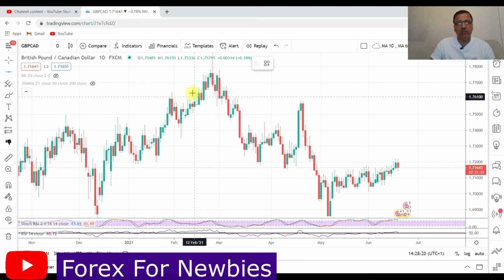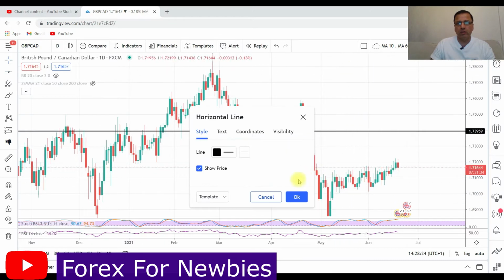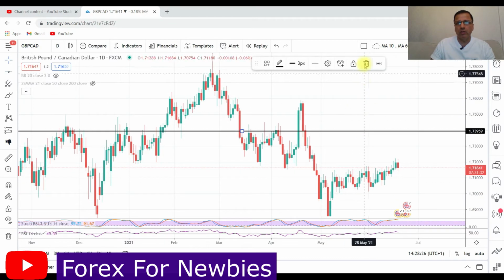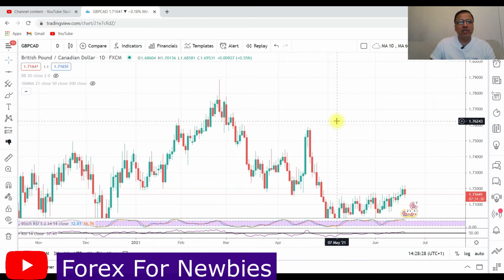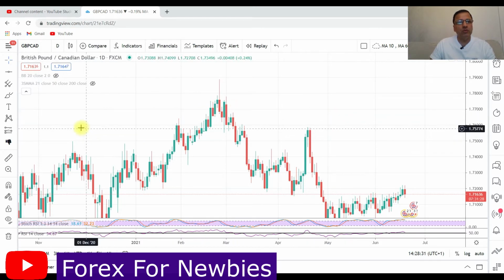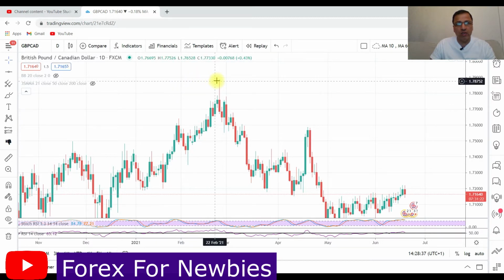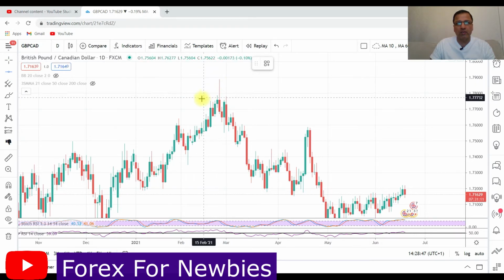Now the other problem is that traders don't exactly know where they have to put the resistance and support lines, whether it will be on that wick, or on the body, or where. So the proper way to do it is that you don't have to put it where this wick is.